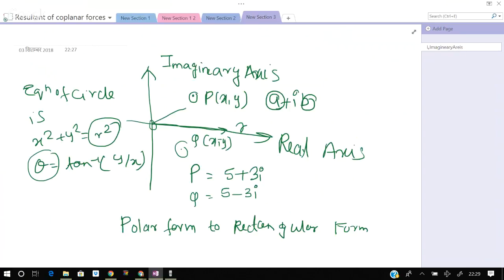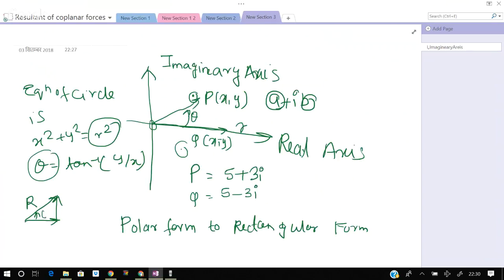You will rotate that radius by some angle, that will be theta. So hence you will get over here a small triangle which will consist of its vertical component, its horizontal component, and its hypotenuse component. Its hypotenuse component we consider r.